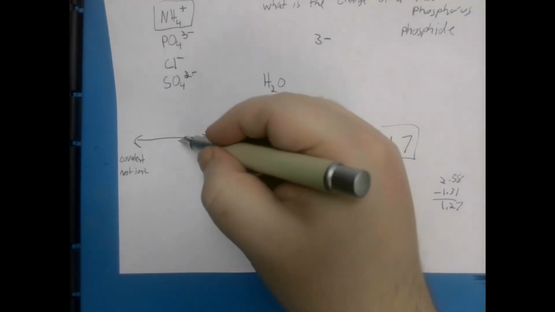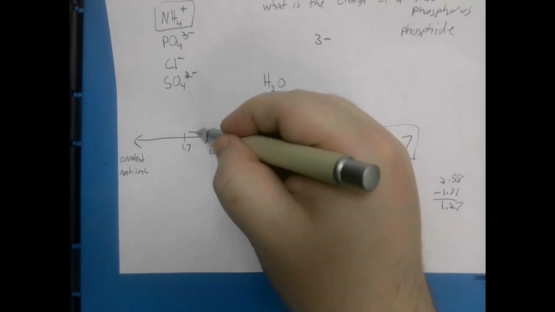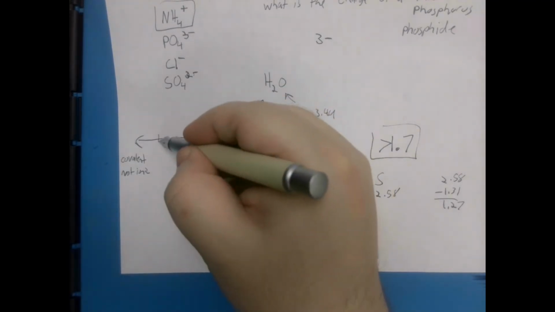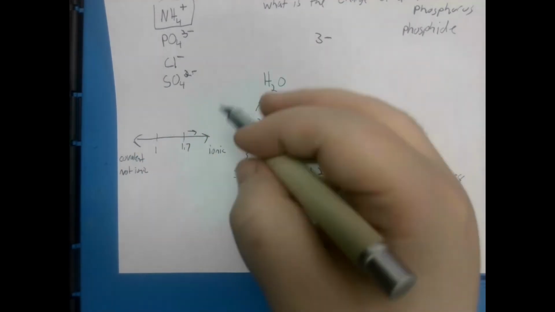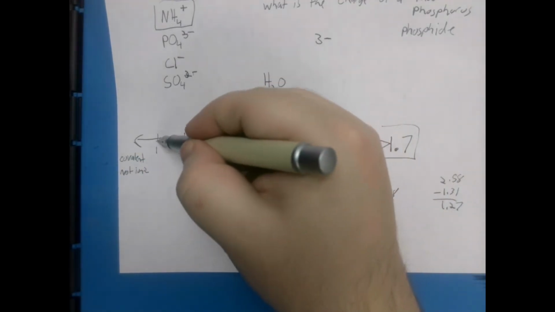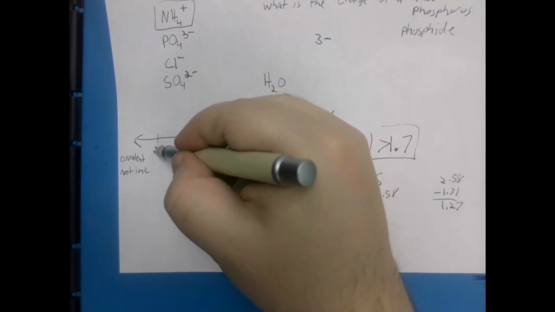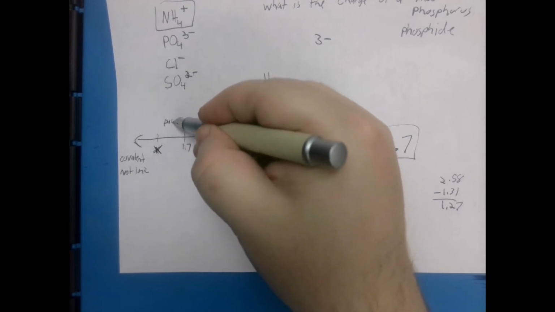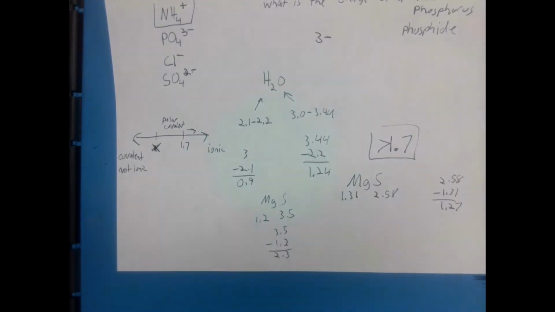And we just arbitrarily decided that everything greater than 1.7 we're just going to call ionic. Everything less than 1 we call covalent. And everything in the middle, I forget what number the cutoff is. I'll just put X because I don't remember it. Everything below this point is covalent, and everything in the middle we call polar covalent. We'll get into covalence next test.